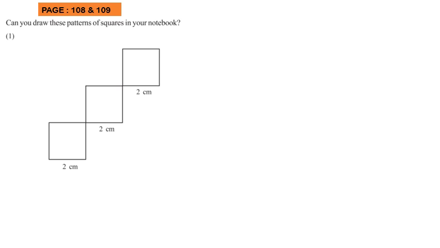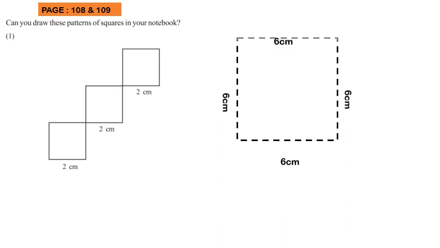Question number 1. Can you draw this pattern of squares in your notebook? See children, in this question you can see all squares are 2 cm each. So the total length of all squares is 6 cm. So first let us draw a square of side 6 cm, like this.